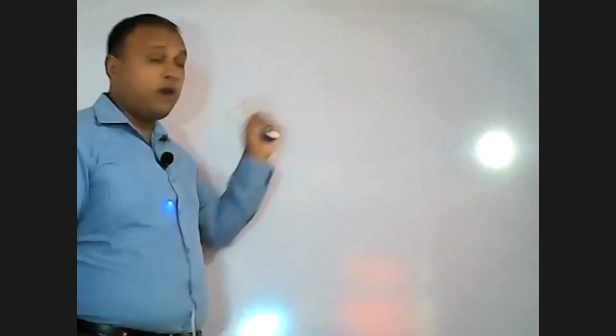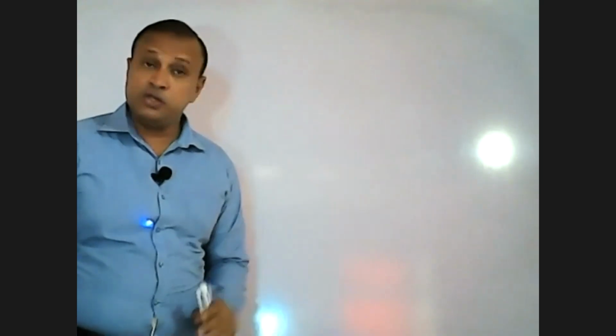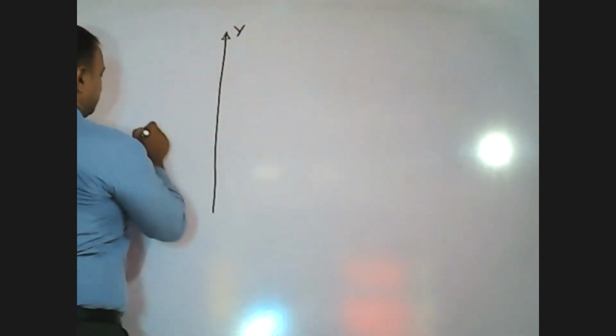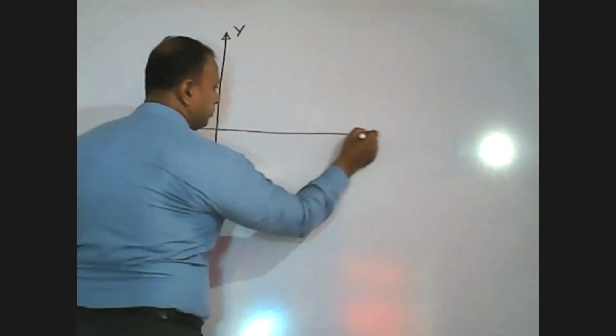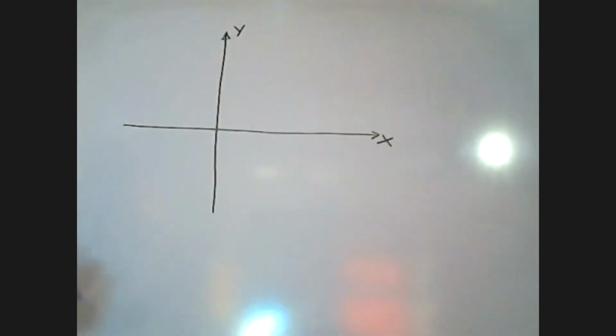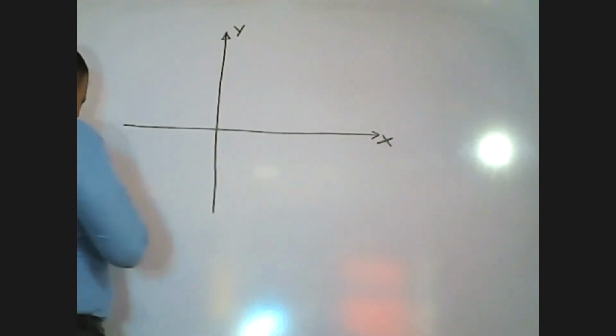Now we are going to define trigonometric ratios using a circle. Suppose this is the Cartesian plane.